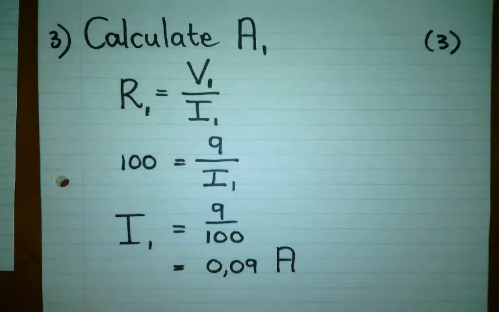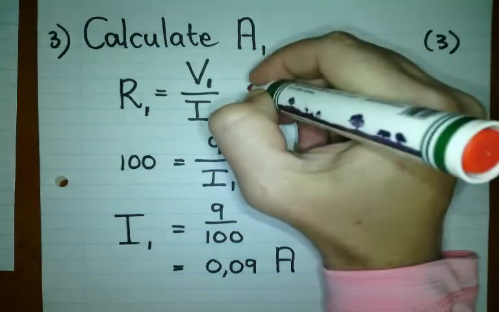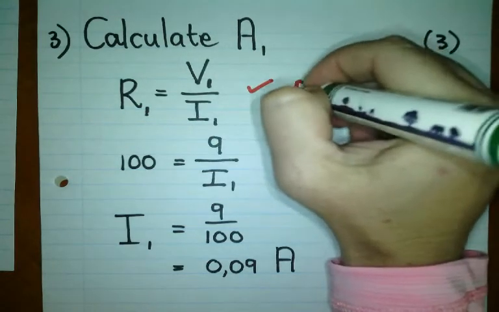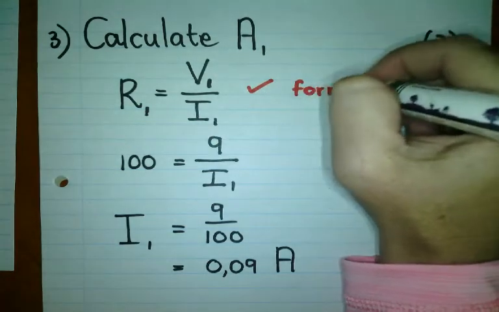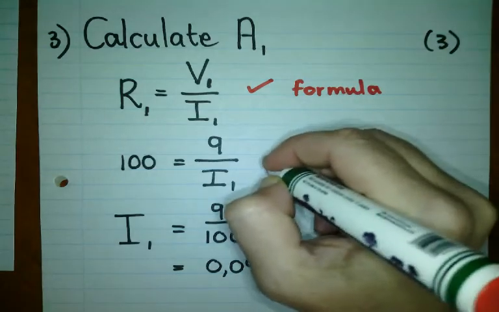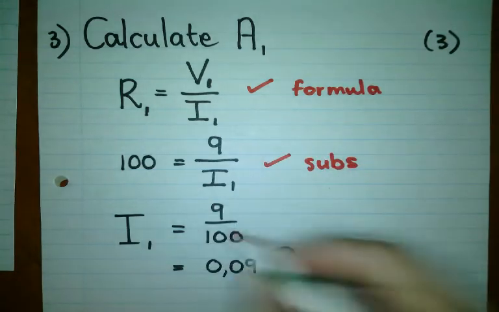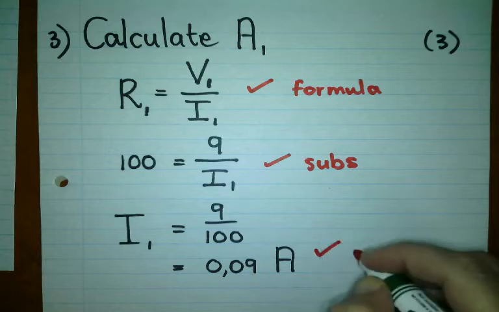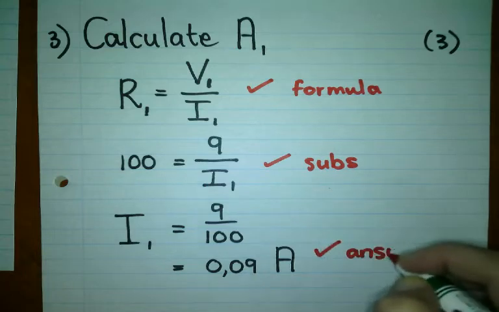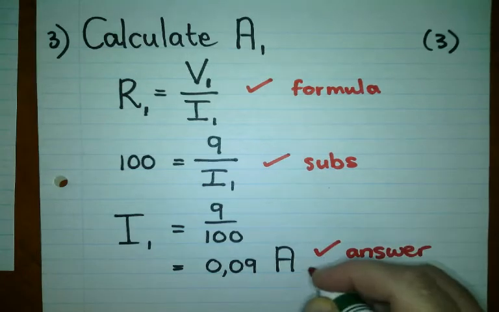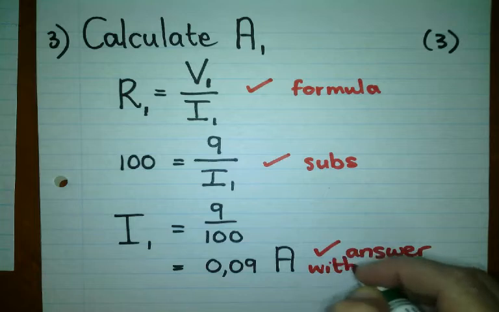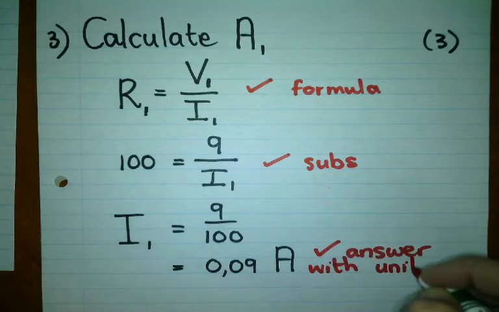Right, before we do the last problem, let's just make sure we know where the marks go. So in physics, 1 mark for the formula, 1 mark for the substitution. You're not going to get a mark for the maths, but 1 mark for the answer with the unit.